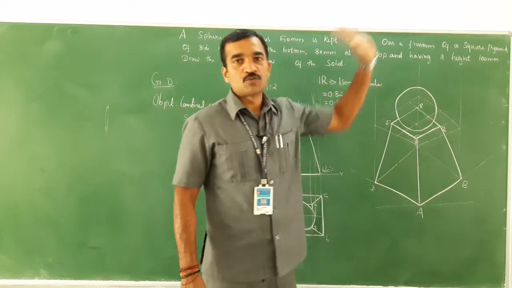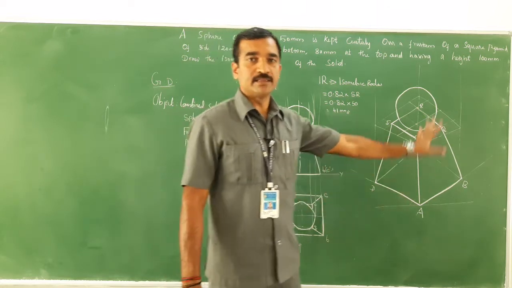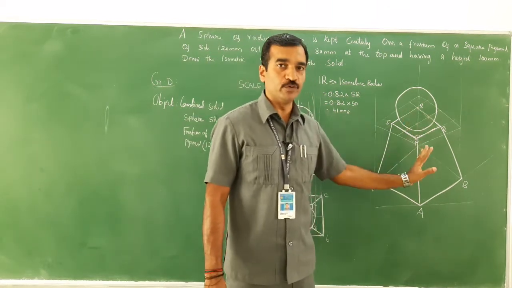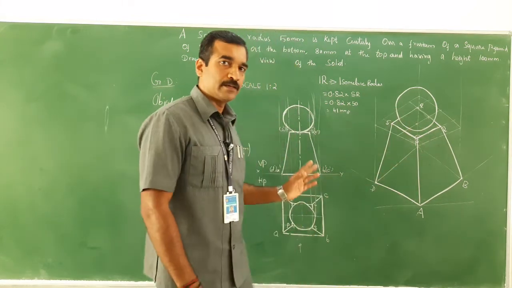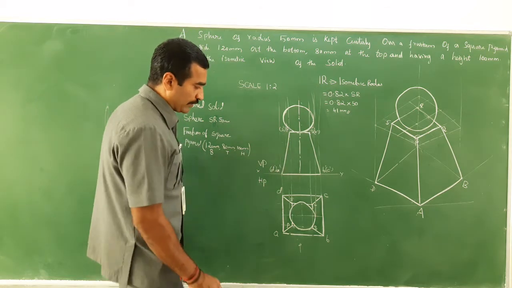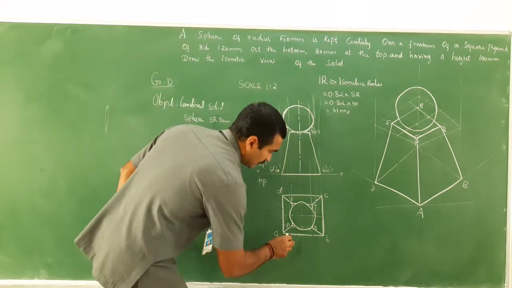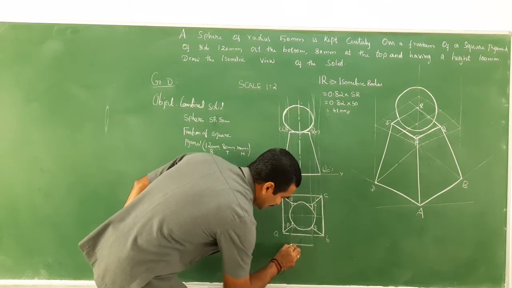Over it a sphere has been placed. With this, I have completed the 3D, that is the isometric view, not projection. Next, what do I have to do? I have to do the dimensioning, for which I have to specify the top base as 80.